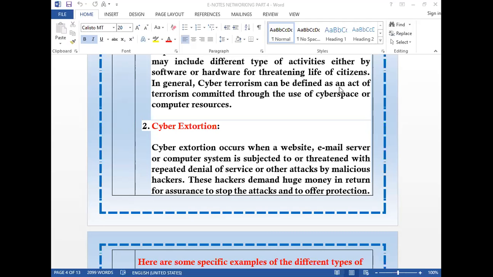Abrupt messages are coming. Your website is not working as per your requirement. Malicious attacks are coming. So such a type of crime is called cyber extortion, in which the hacker demands a huge amount of money in order to release the necessary information regarding your website. The information has been hacked, it has been stolen. In order to get it released, the hacker demands ransom money.